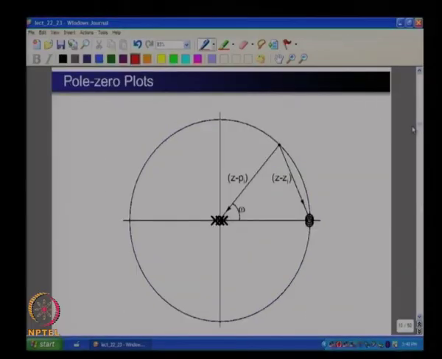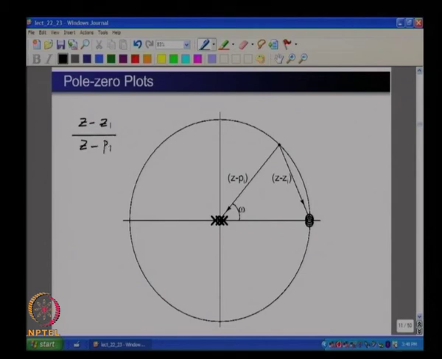You understand? So, let me quickly refresh your memory about finding the magnitude of a transfer function. Let us say you have a transfer function H(z) equal to (z - z1) divided by (z - p1).